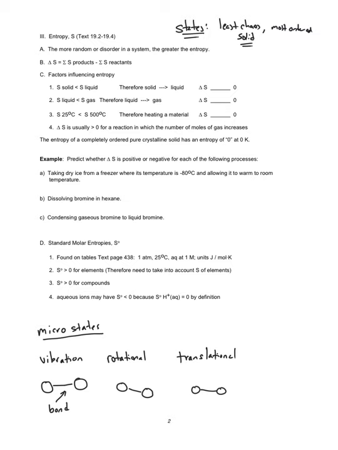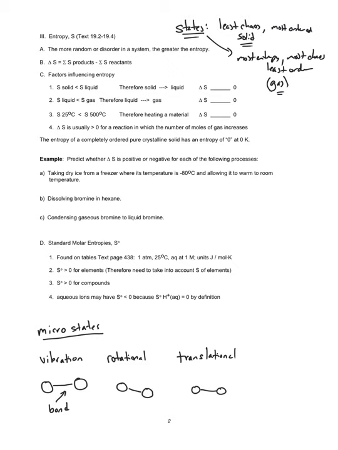Which state has the most entropy, or the most chaos, or the least order? What state of matter has the most randomness to it? And hopefully you're thinking gas. Liquids and aqueous ions are about the same, and they fit in the middle.